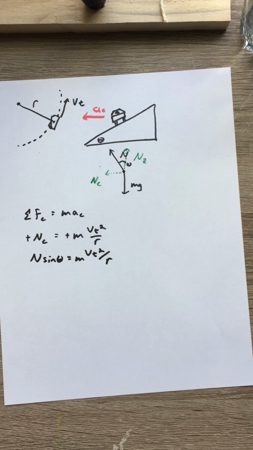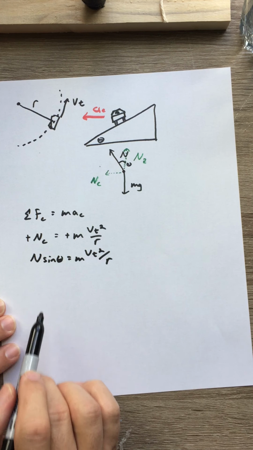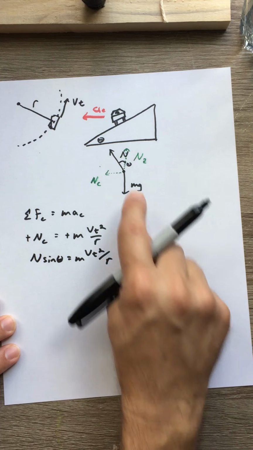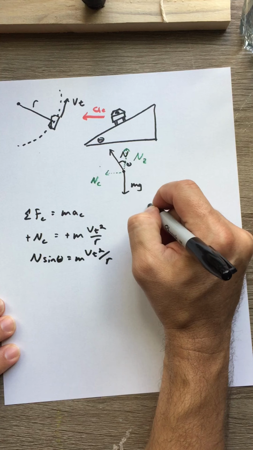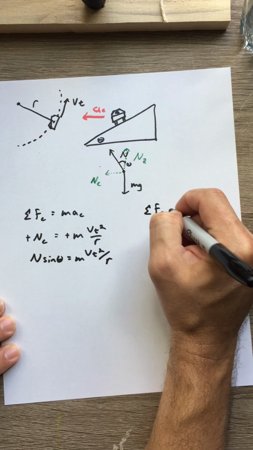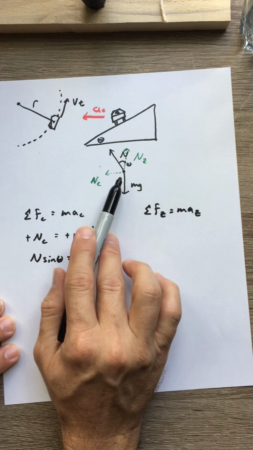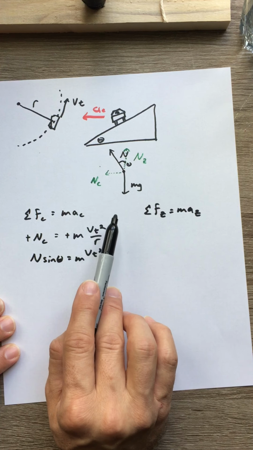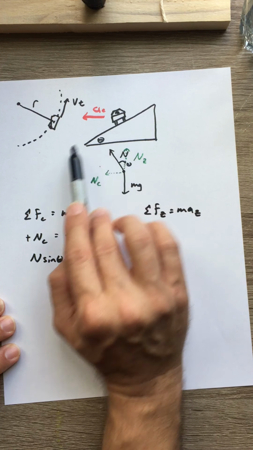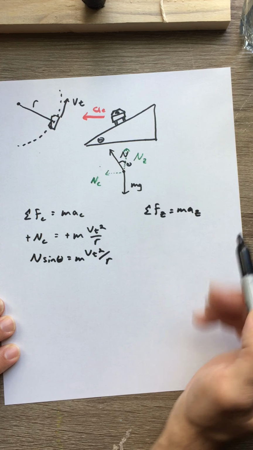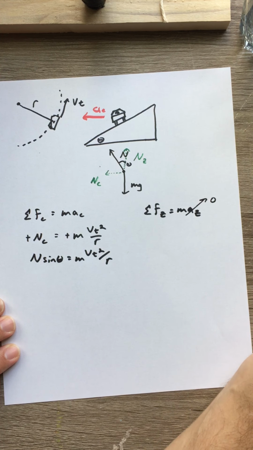Now, of course, I'm probably going to need to unpack what the normal force is here. And so let me do the sum of the forces in the z direction. This one's going to be easier because there is no acceleration in the z direction. This is not going up the ramp or down the ramp. That was the assumption we made. And so this turns out to be 0.